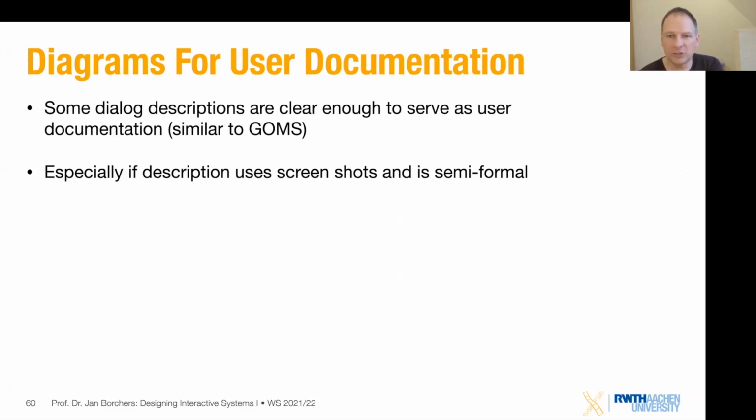If your GOMS model is really good, then you actually basically have a step-by-step tutorial on how to do every single action, because that's exactly what the GOMS model represents. Especially so if your description uses screenshots of your actual tool in the later stages of your development, and if it is sort of semi-formal, so it's not completely blown out of proportions with millions of arrows and stuff, but it's trying to simplify things and aggregate things in a reasonable way.